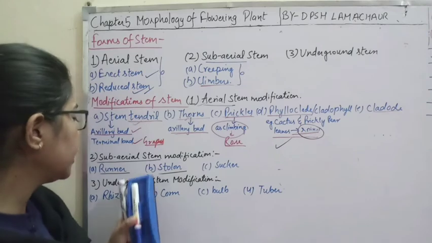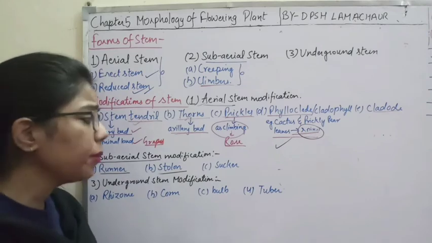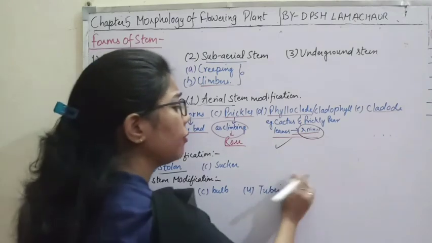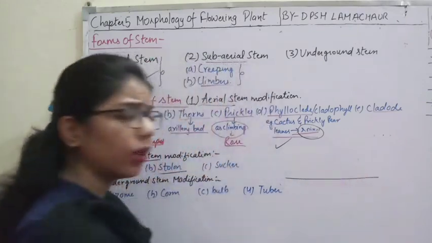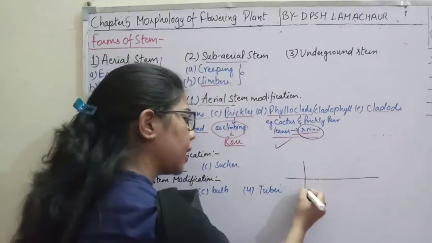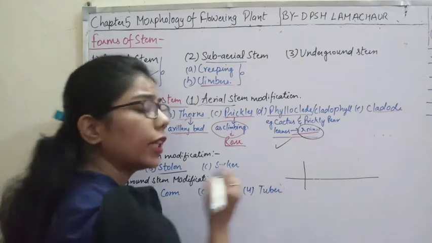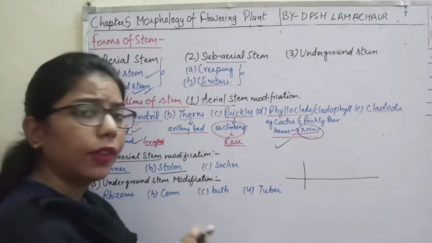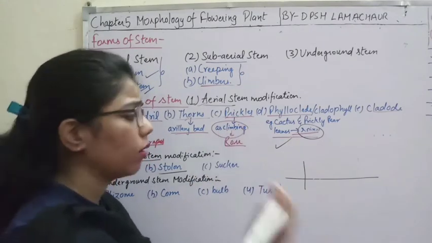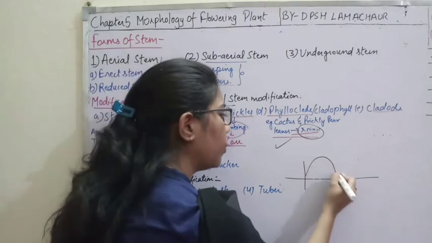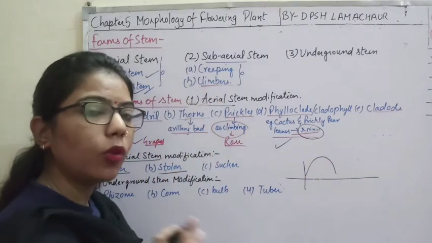Then another one, the stolon. Suppose I have drawn the land here, and this is the stem of a plant. First it will grow obliquely upward. What is the meaning of obliquely upward?